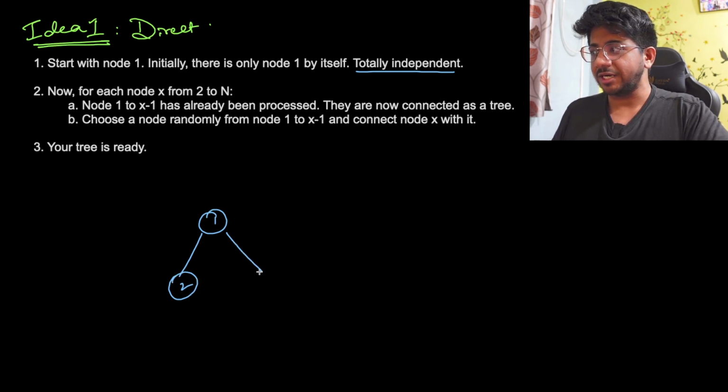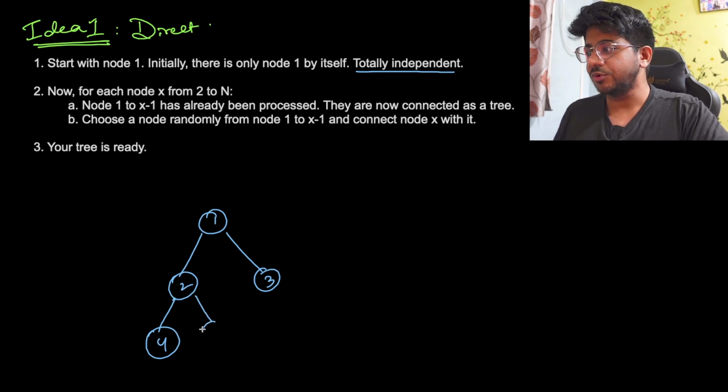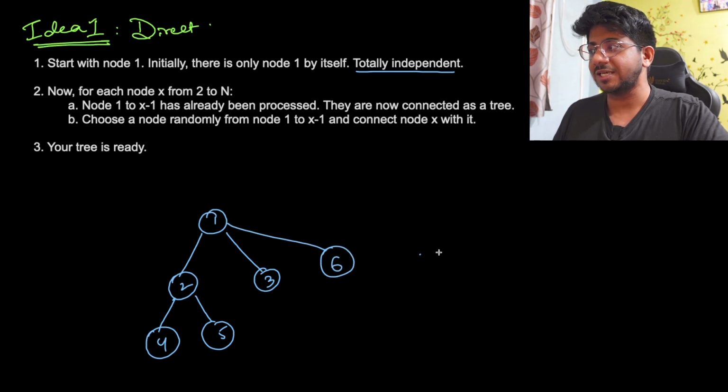Pick one of these two randomly and add a node. Pick one of these 3 randomly and add a new node. Pick one of these 4 randomly and add a new node. Pick one of these again and add a random node, right? And so on. This keeps going on until you have n nodes in the tree. And then once you're done, you have your tree ready.